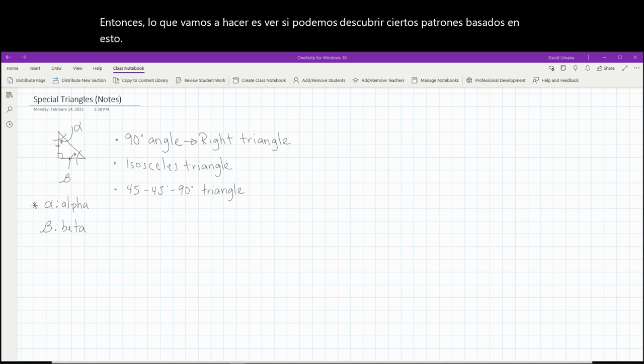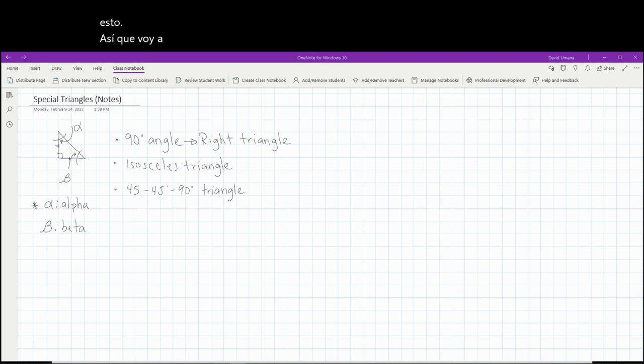So I'm going to go ahead and I'll say, what happens if I have my triangle and I say that this equals 1 and this equals 1?